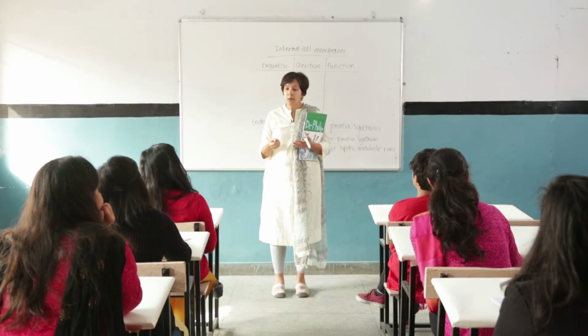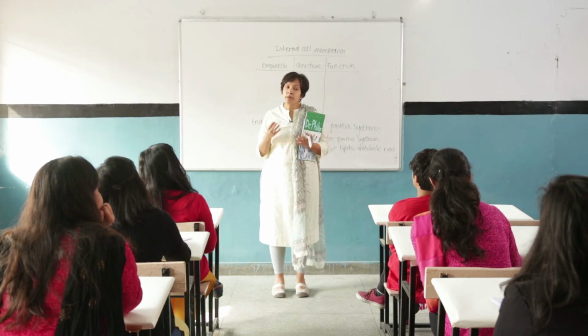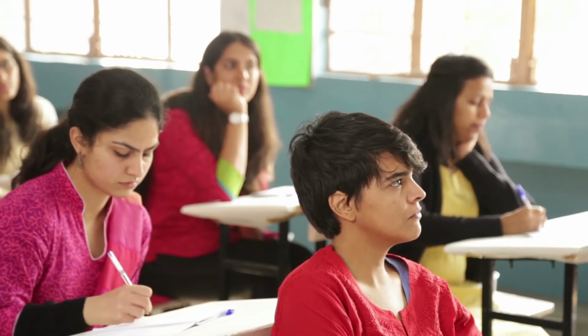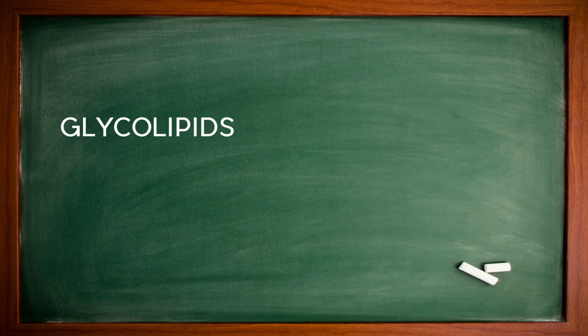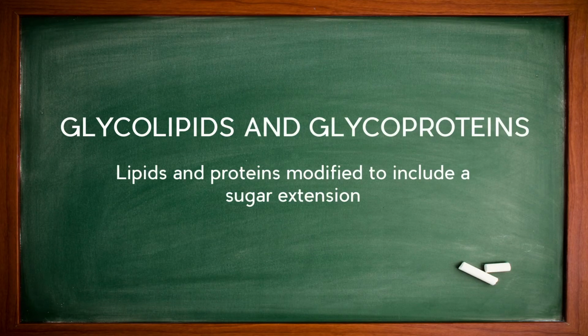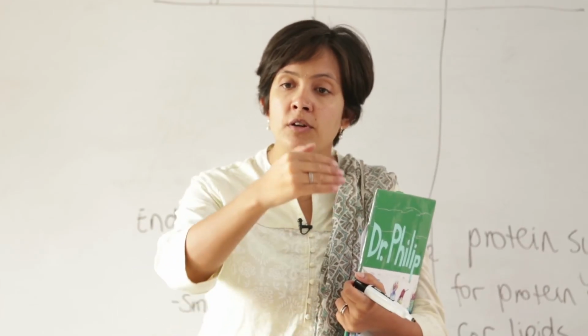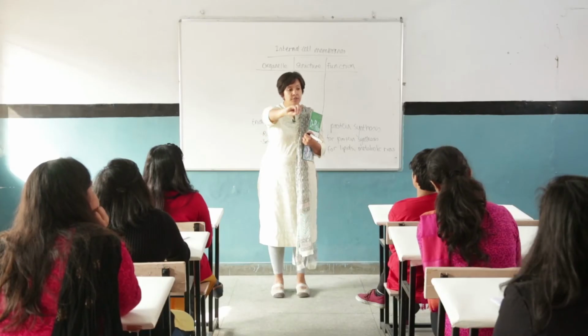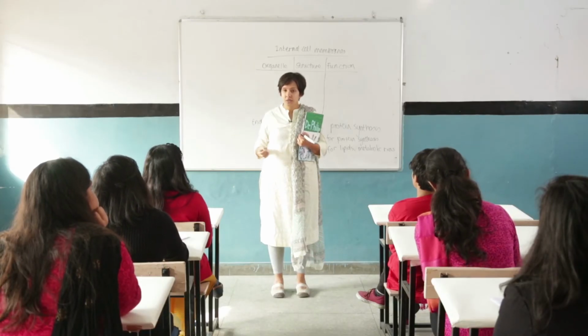And what the Golgi complex does is it makes modifications to these molecules. So it might put a sugar on a lipid or a sugar on a protein to make those glycolipids and glycoproteins that we've talked about before. So the molecule progresses through the Golgi complex, and then eventually it will be transported to the outer cell membrane in a vesicle.